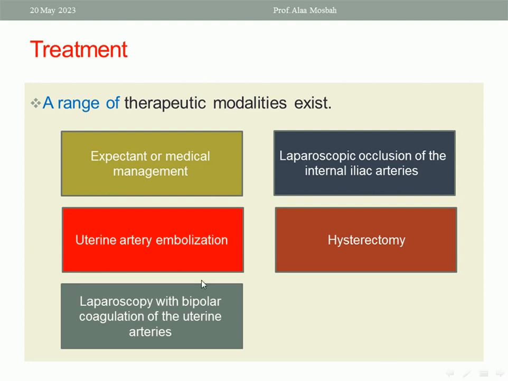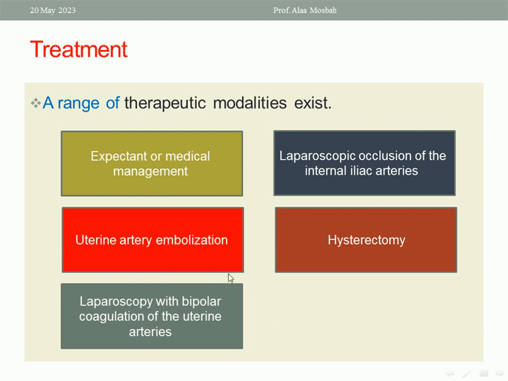But different modalities include expectant or medical management, uterine artery embolization, which plays an important role in the management, laparoscopy with bipolar coagulation of the uterine arteries, laparoscopic occlusion of the internal iliac arteries, and hysterectomy.